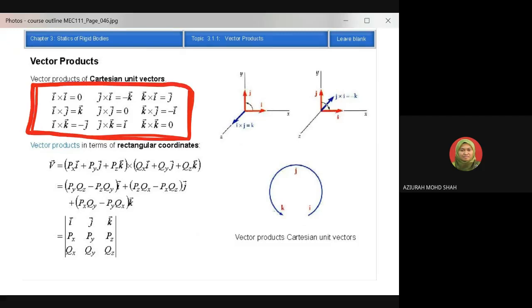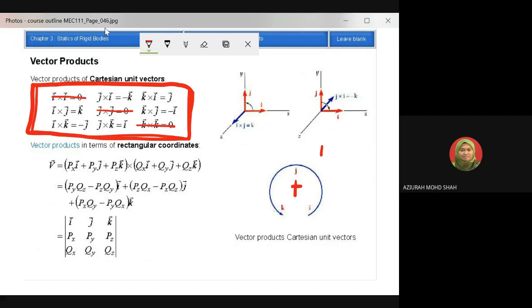We need to know that I cross I is equal to 0. J cross I will have a negative value. Okay, kita ambil macam ni. You nampak tak yang ini positif. Jadi kalau I cross I 0, J cross J equal to 0. Ni 0, ni 0, ni pun 0. Okay, kalau you tengok kat sini, I tengok ni je. Yang ni tak payah apa sangat. Ini je.